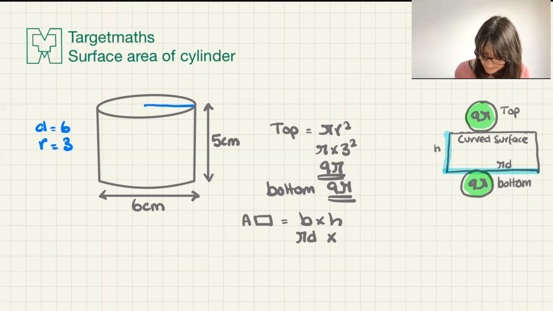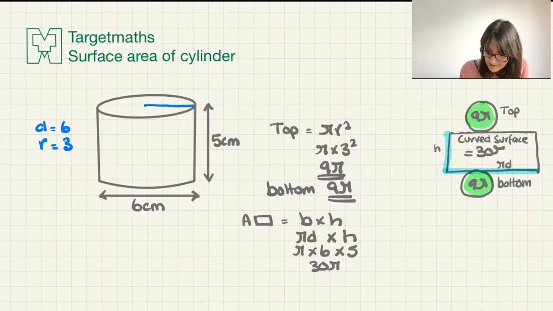And then I start the maths. So I'm going to go over to this diagram to find the information I need. So I need the d. I've already done a key for that. d is 6. So I'm going to be doing pi times 6 times the height, which is here, 5. That's going to give me 30 pi. So I now know that this bit equals 30 pi.